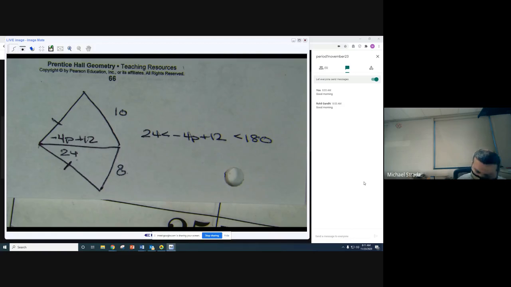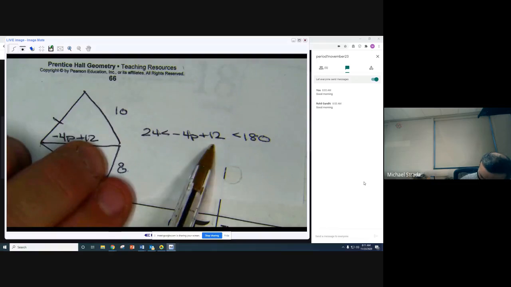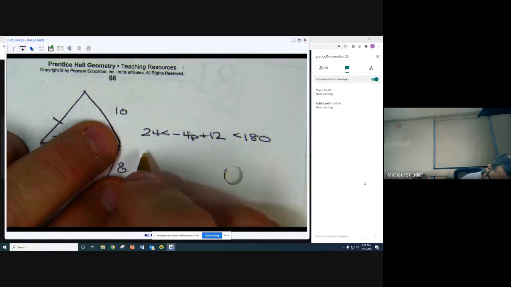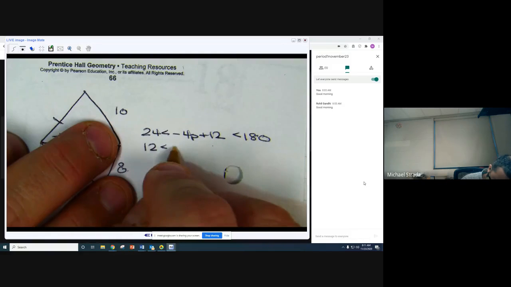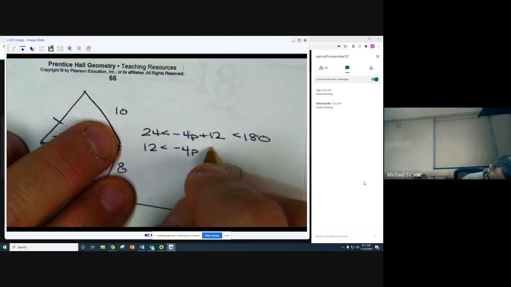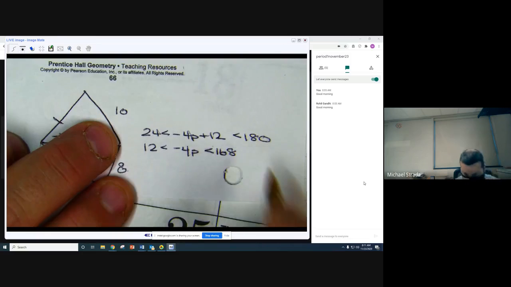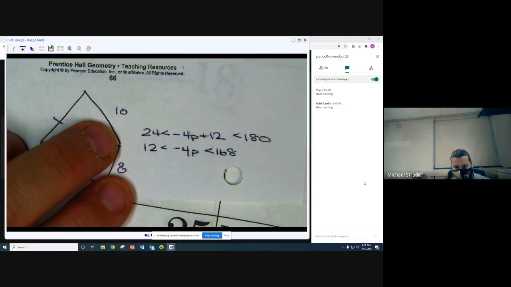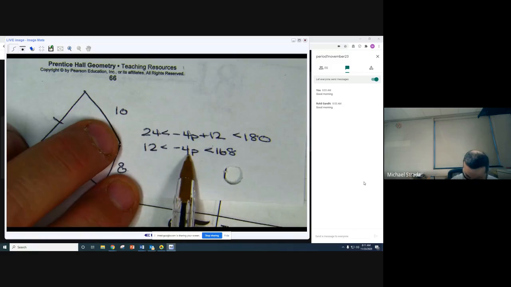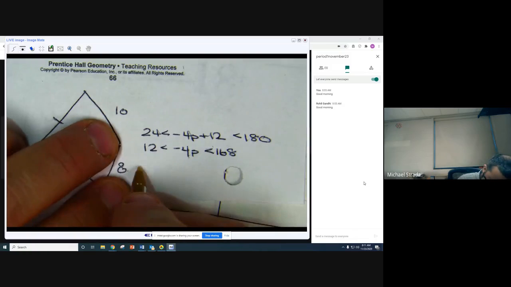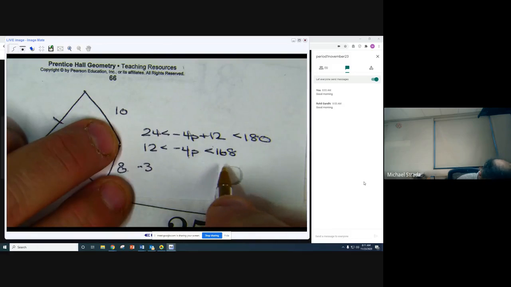All right. How do we get rid of a plus 12? Minus 12. 24 minus 12 is 12. How do I get rid of a multiplication by negative 4? Divide by negative 4.